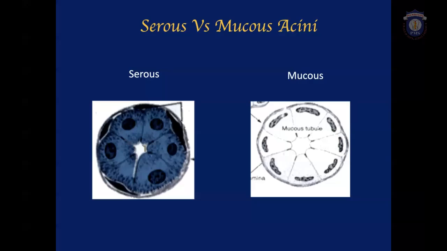In between these cells you can also see some canaliculi in serous acini alone. You don't see them in mucous acini. The secretions coming out of the serous acini will have a lot of enzymatic activity, by virtue of the presence of acid phosphatase, esterase and other contents. This enzyme activity is mainly necessary for primary digestion.